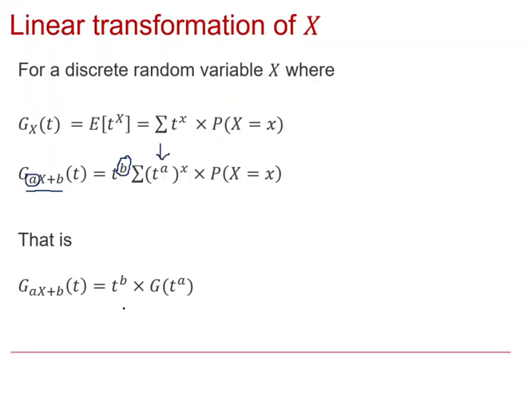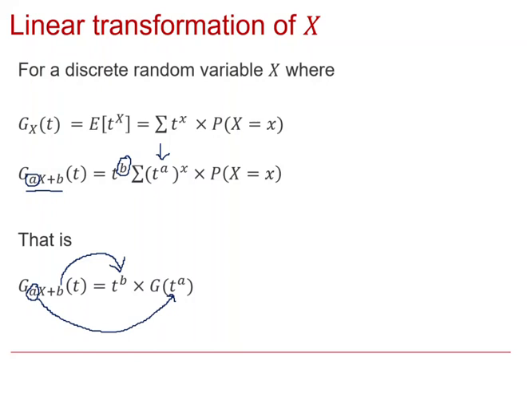Writing that more simply, the generating function of a linear transformation of x to ax plus b would be t to the b, the constant term, and the coefficient of x tells us the power of t that's now involved in the generating function, rather than just the generating function being of t.